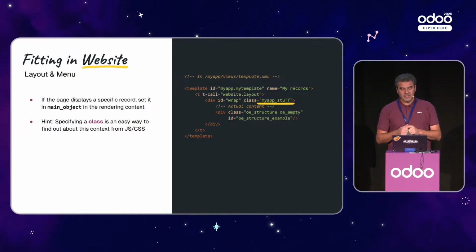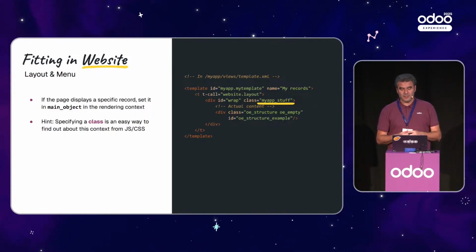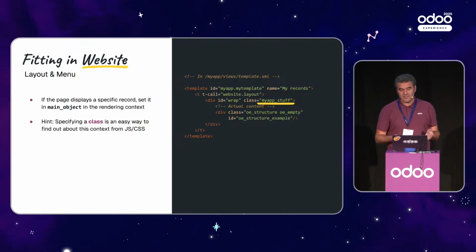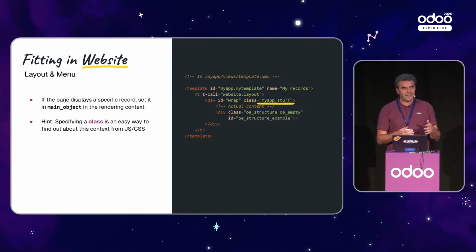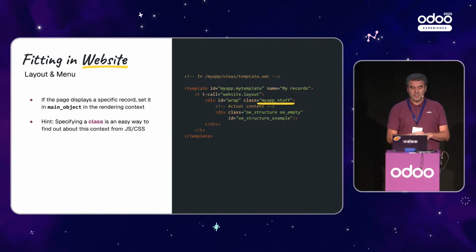It's also interesting when using that template to specify a main object inside the rendering context so that the template can actually extract from it possibly the SEO data, the title, all the meta tags that are generated inside the head elements of the HTML page.